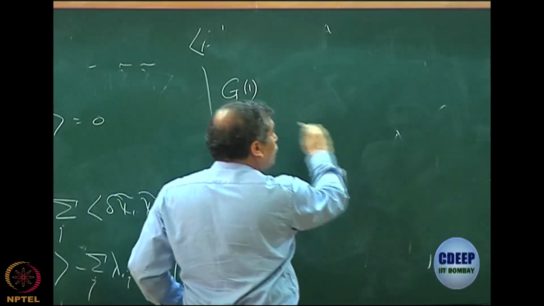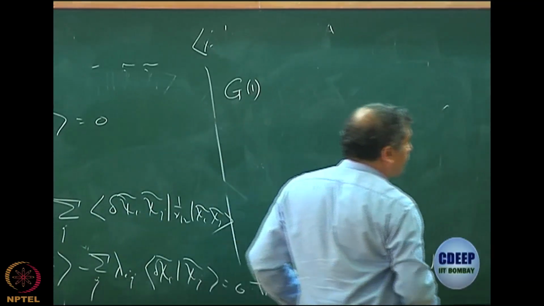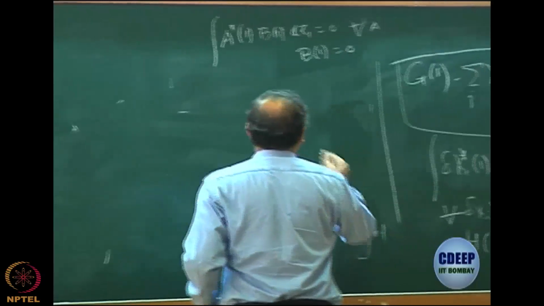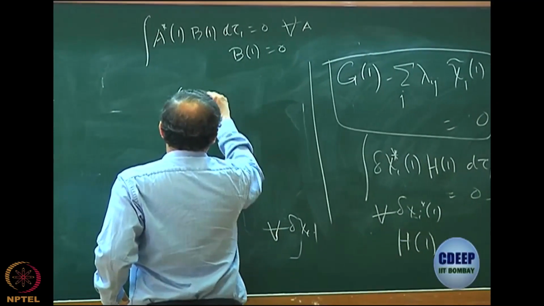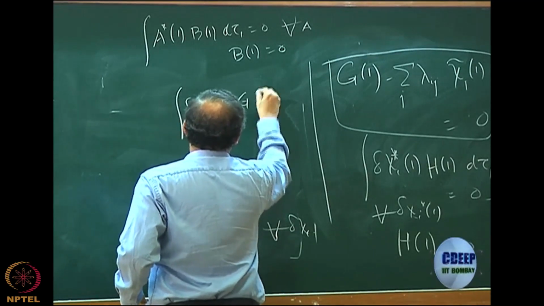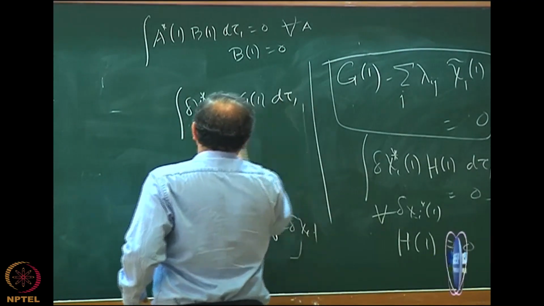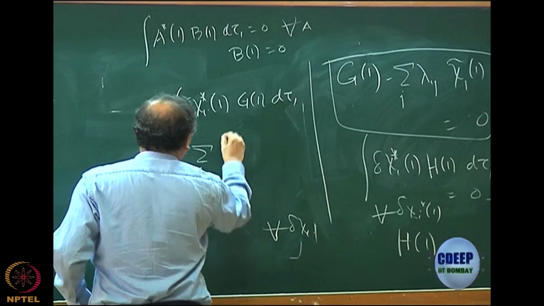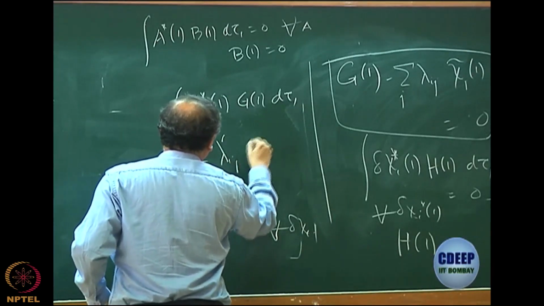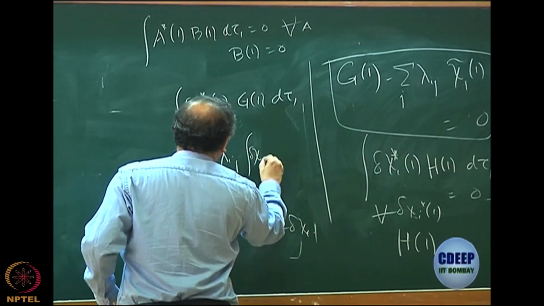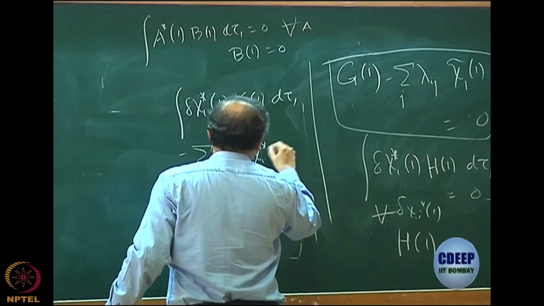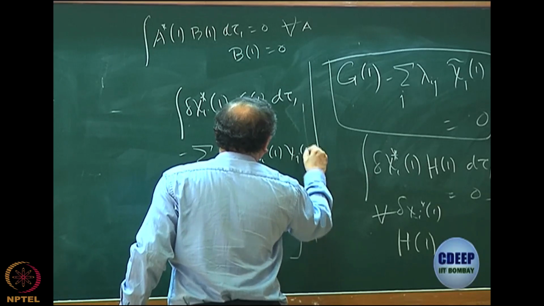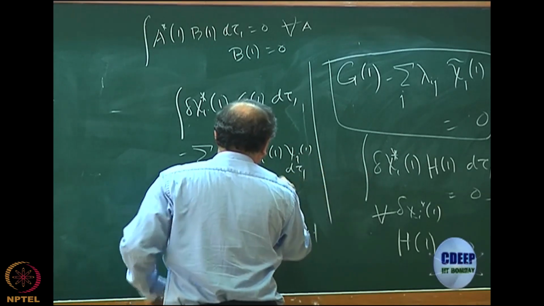If you just make an analysis from here, remember my equation generically looks like this: G of 1 delta 1 minus sum over j lambda ij delta chi I star 1 chi j 1 delta 1 equal to 0. So that is what I want.